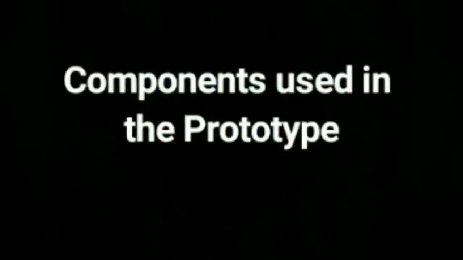Let's discuss the components of the prototype. PMDC motor. The prototype consists of a PMDC motor, which stands for Permanent Magnet Direct Current Motor, that provides the motion. It gets power from a rechargeable battery pack.